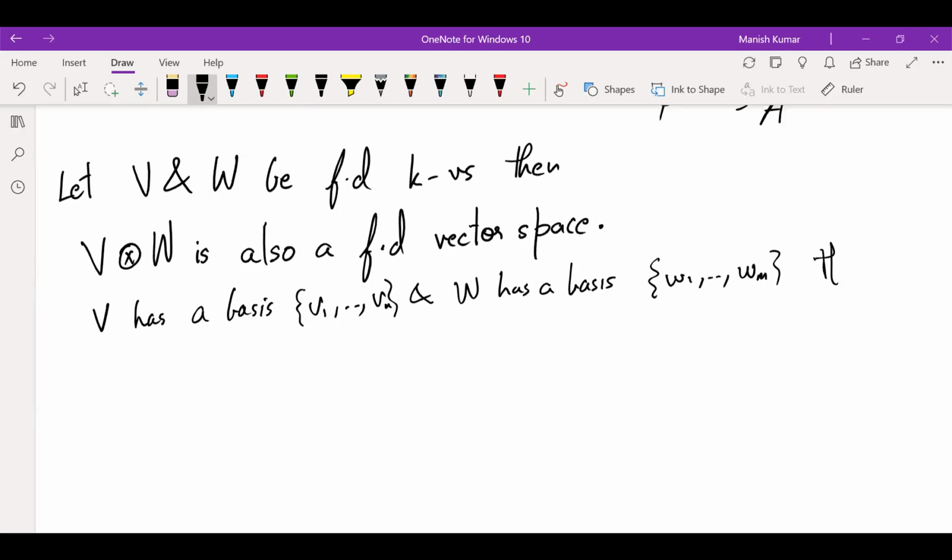Then V tensor W is a vector space with a basis, so I'll write this, but you should question what this is: Vi tensor Wj, with i between 1 and n and j between 1 and m.